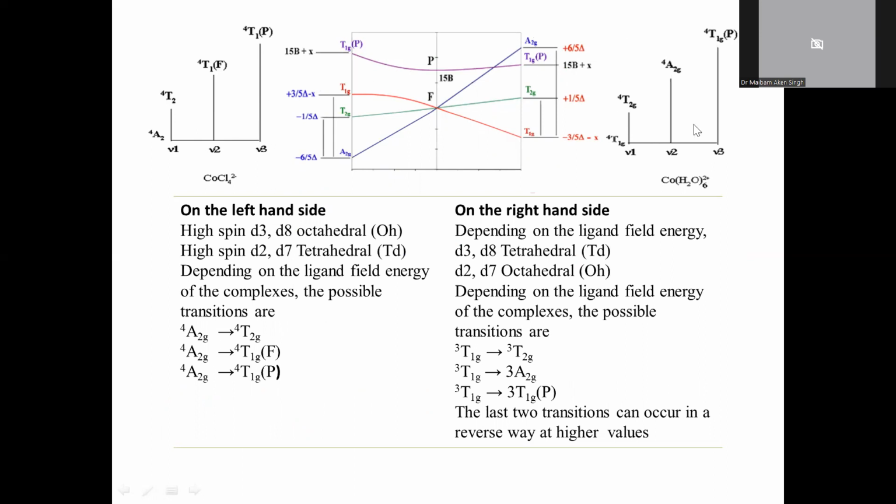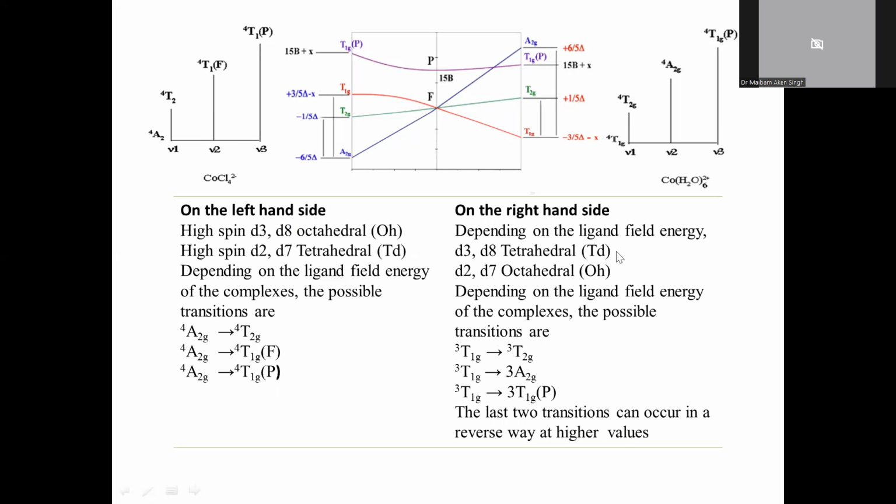This is why. In this case, on the right wing, the ground state is what? T1G, just opposite to this. From T1G to T2G, A2G, and T1GP. This is for the right, do not get confused.